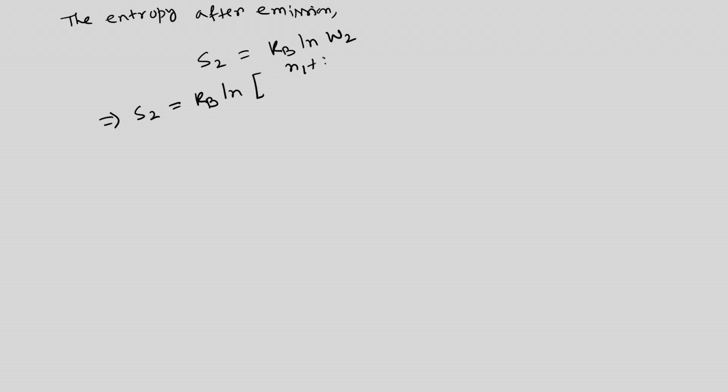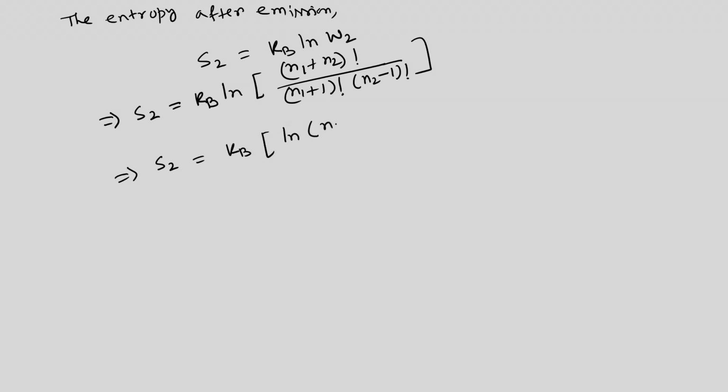W2 is N1 plus N2 factorial by N1 plus 1 factorial times N2 minus 1 factorial. So, we get S2 is Kb times ln N1 plus N2 factorial minus ln N1 plus 1 factorial minus ln N2 minus 1 factorial.